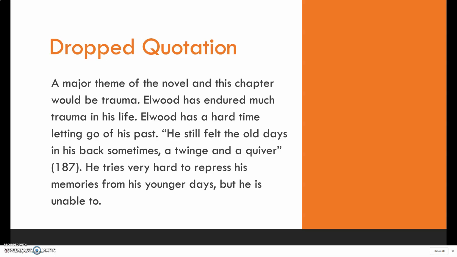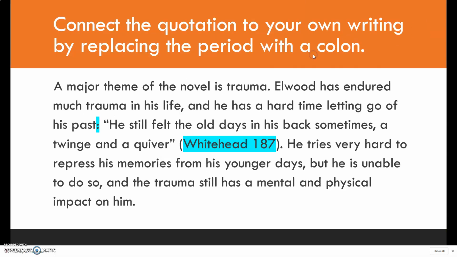We're going to spend the whole time revising this section of text and looking at different ways this student could have chosen to revise the incorporation of this quotation. So here is one way you could revise this and fix the dropped quotation problem.